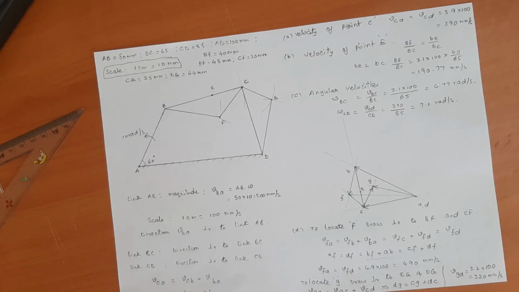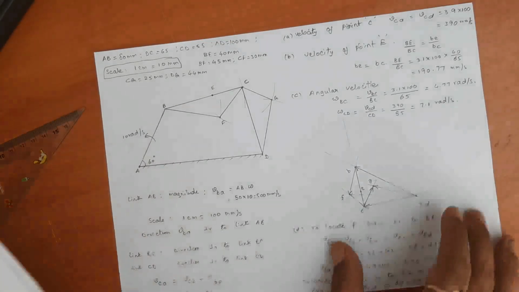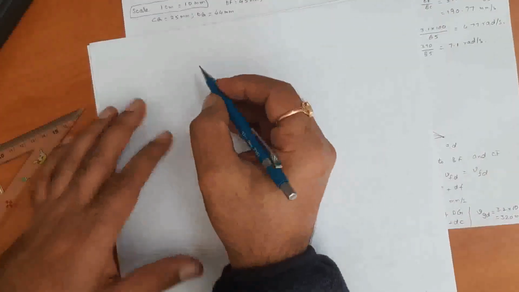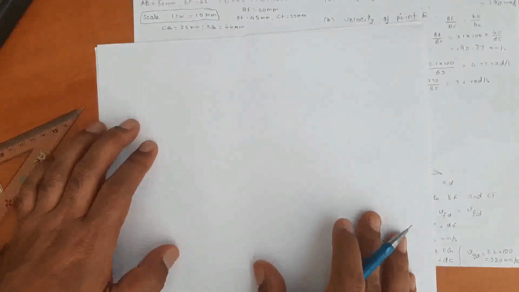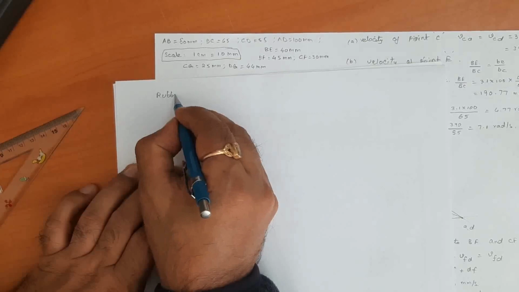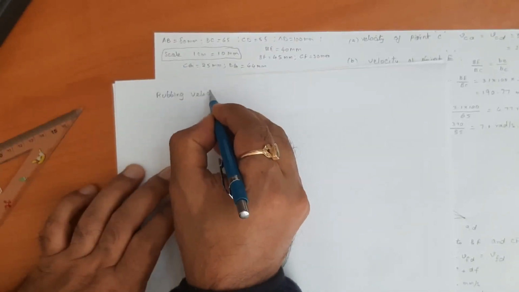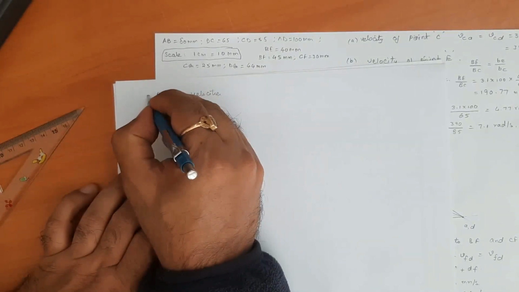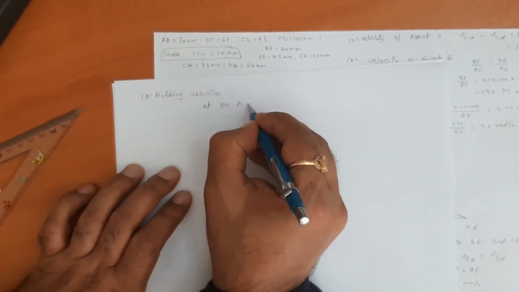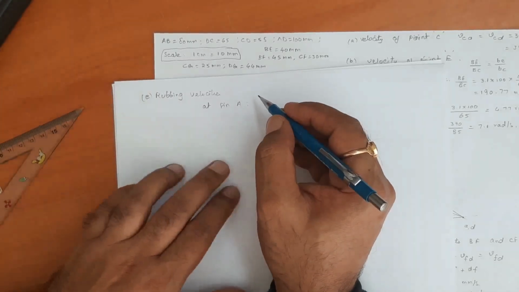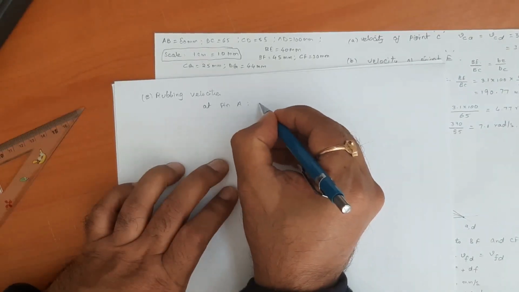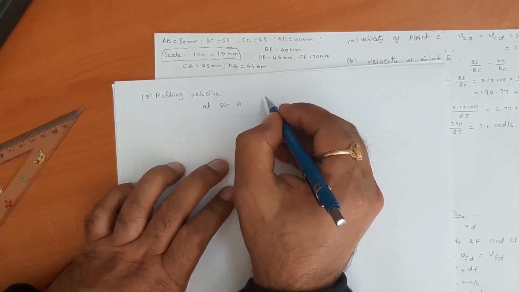At pin A, which connects the AD link and the AB link, AD is fixed, so the rubbing velocity is the radius of the pin times omega, the angular velocity of link AB.